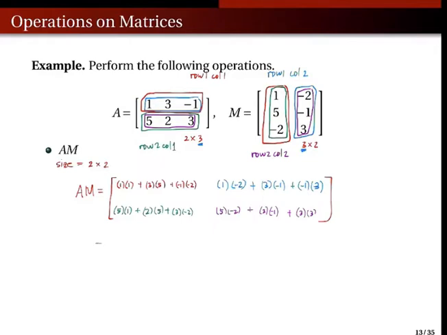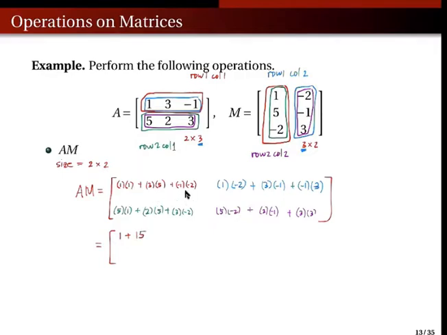And then you do the multiplication and addition. So let me write, again, I'll just do this step by step. You have 1 times 1, that's 1, plus 3 times 5, that's 15.